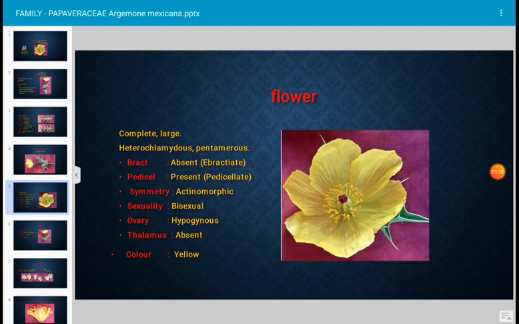The flower has androecium as well as gynoecium, that is stamens as well as ovary, style and stigma. Hence the flower is bisexual. And the ovary is hypogynous because the floral units originate from the base of the ovary. Such an ovary is described as hypogynous. Thalamus is absent. The color of the flower is a very beautiful yellow.